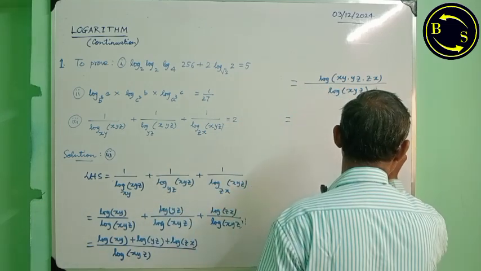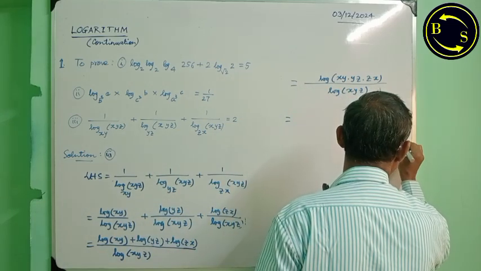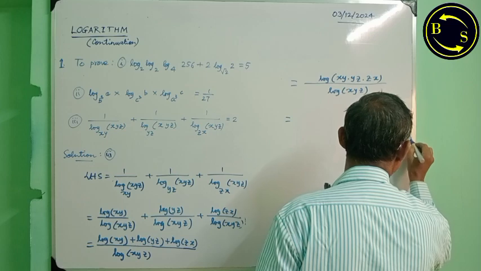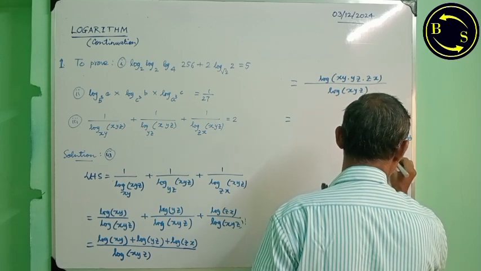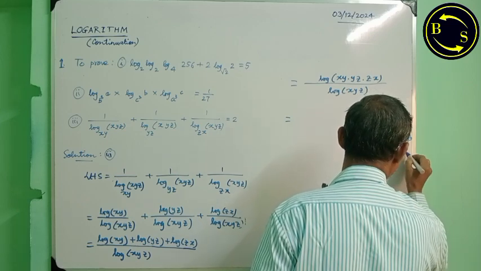We have applied here log A plus log B equals log of AB.